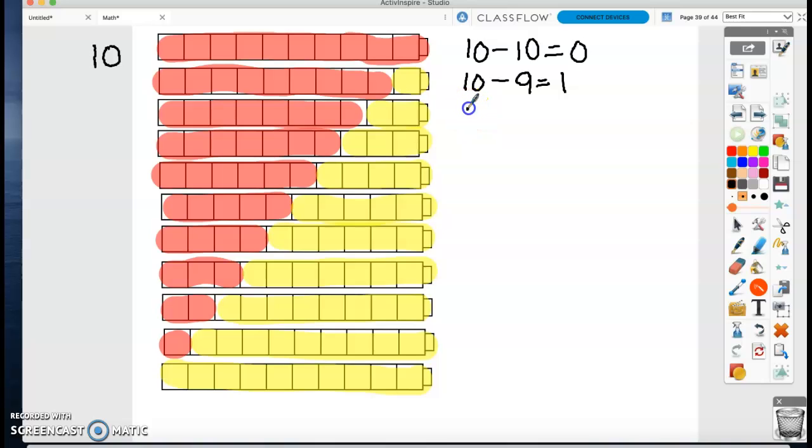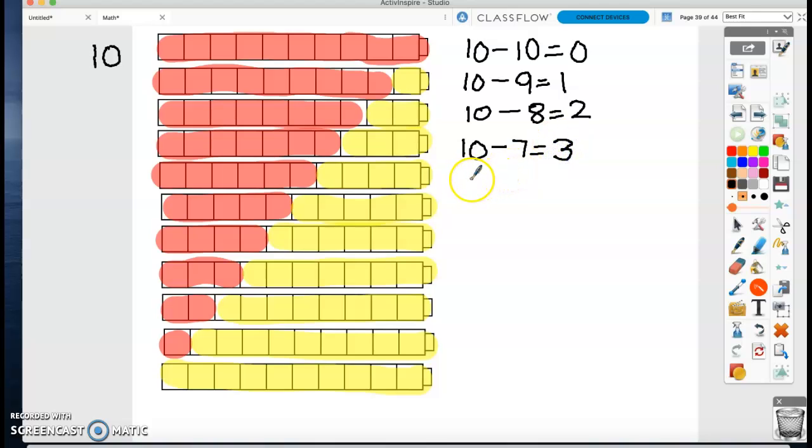Let's try this one. How many do we have altogether? 10 minus how many red? 8 equals how many yellow? 2. How many do we have altogether? 10 minus how many red? 7 equals how many yellow? 3.